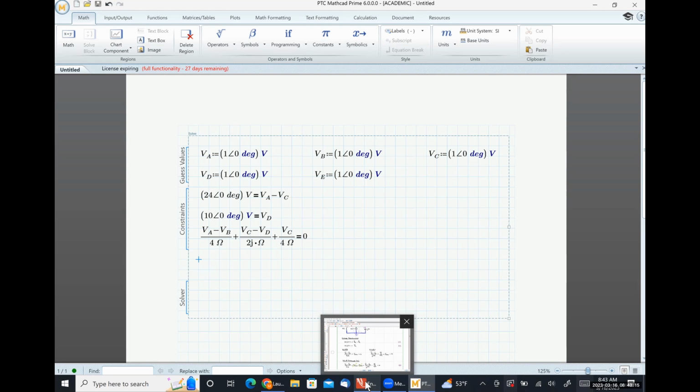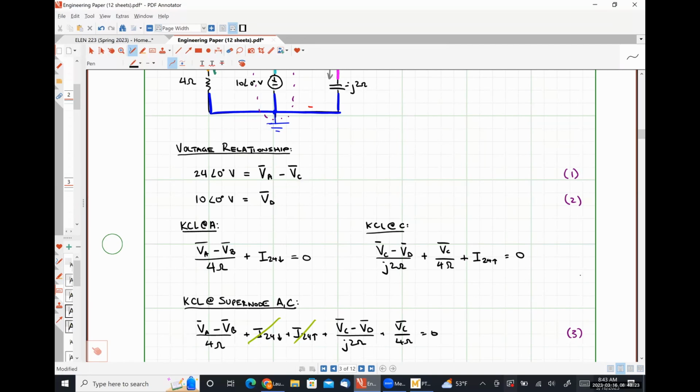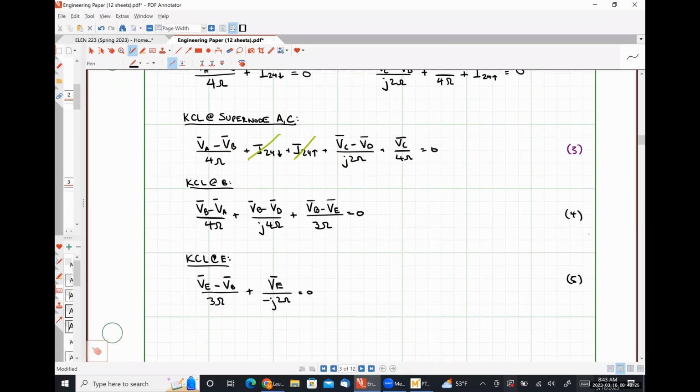So let's go ahead and work on our 4th and 5th constraint equations here. That's going to be our KCL at node B equation and our KCL at node E equation.